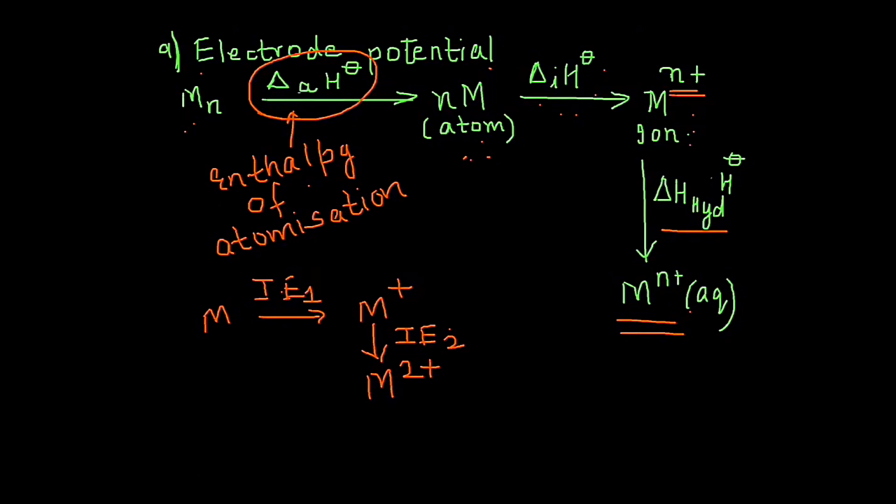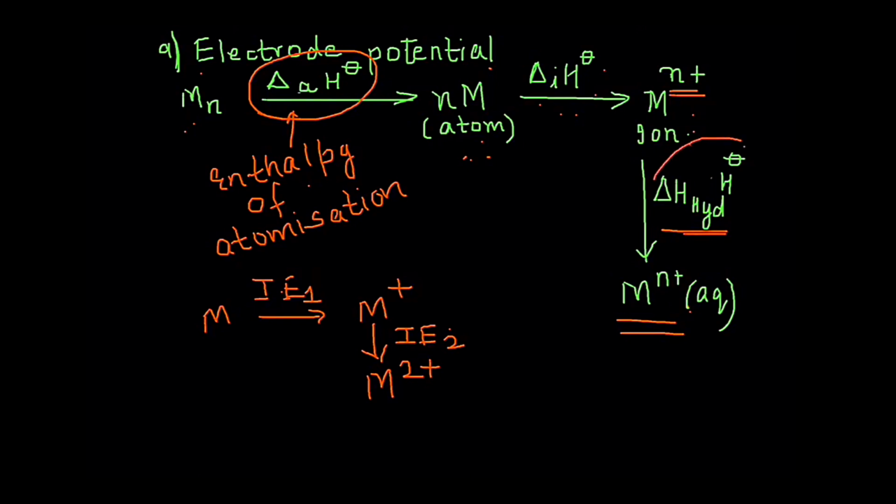On the other hand, enthalpy of hydration is the amount of energy released. Why? Because the ion is getting hydrated because of the force of attraction between the ion and the solvent molecules, right?